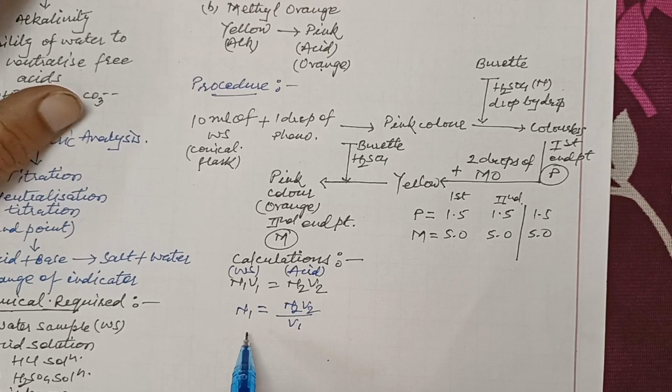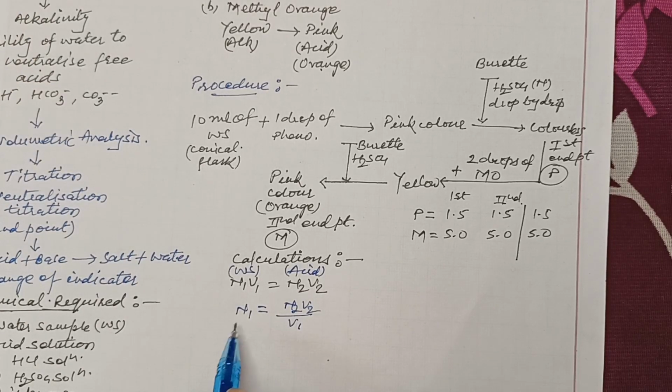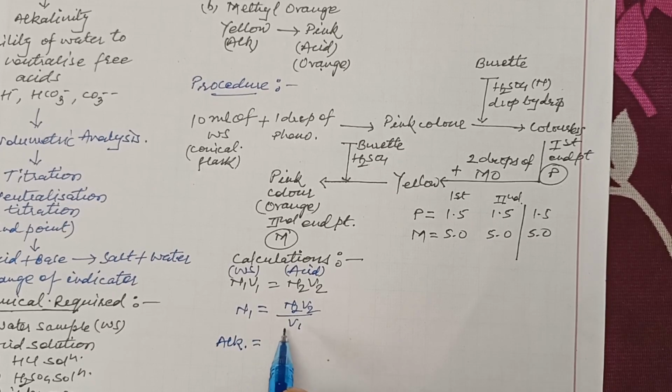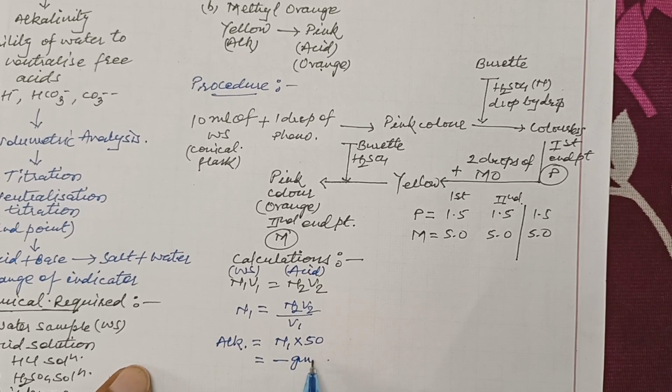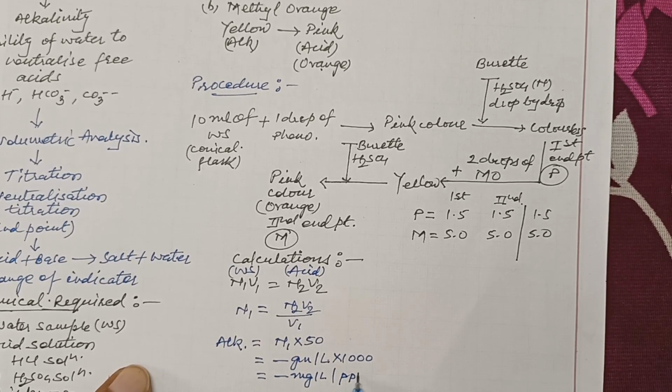When N1 comes, the alkalinity is equal to N1, that means normality, multiplied by 50. So you will get the alkalinity content in gram per liter, and if you multiply by 1000 here, you will get the answer in milligram per liter or parts per million.